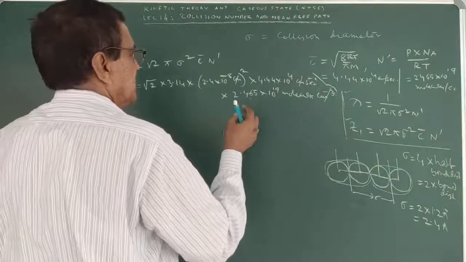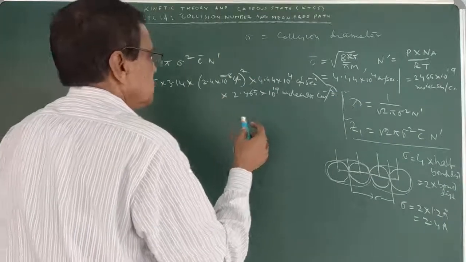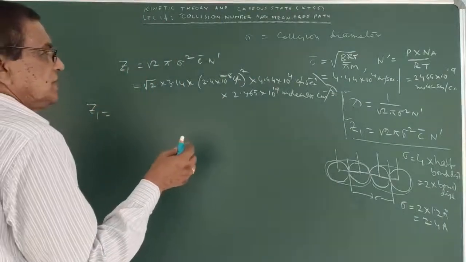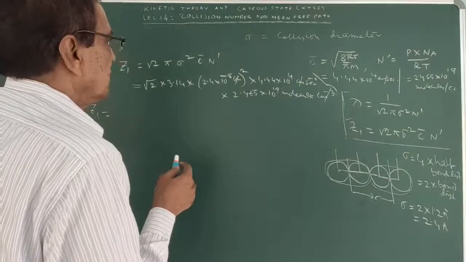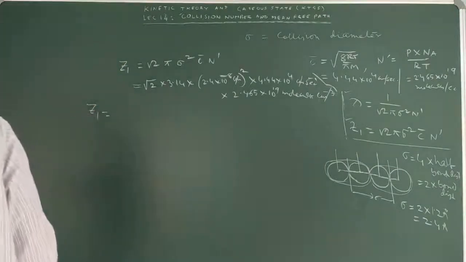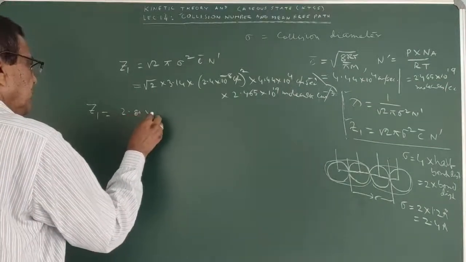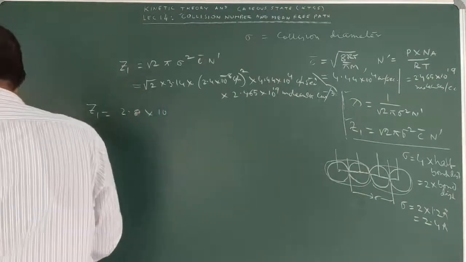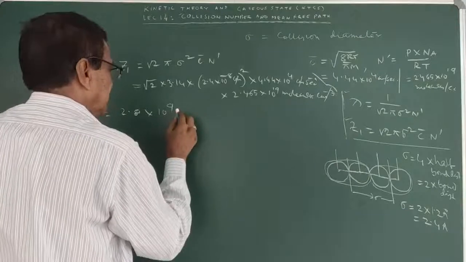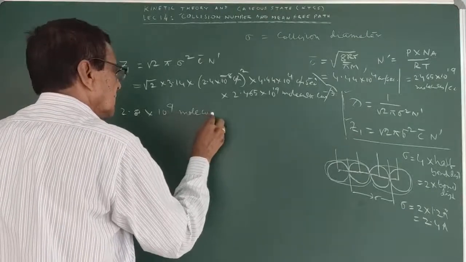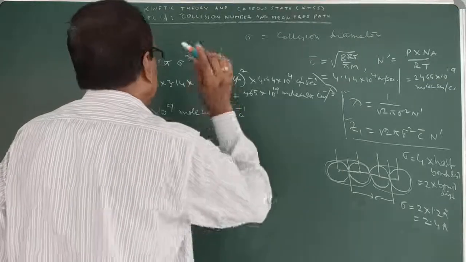And this will give you the value Z1 equal to 2.8 into 10 to the power 9 molecules and second inverse.